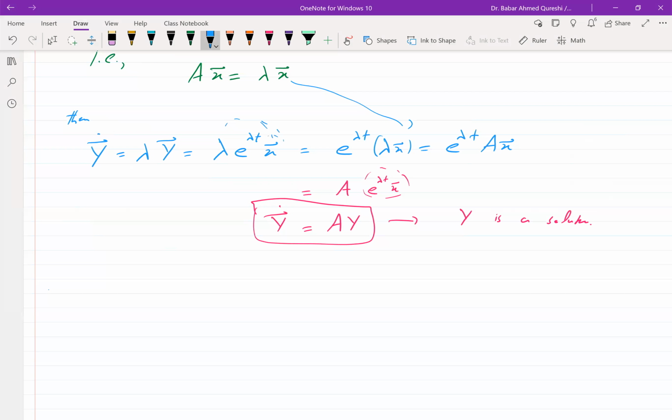Y is equal to x e to the lambda t is a solution if x is an eigenvector of A and lambda is the corresponding eigenvalue.